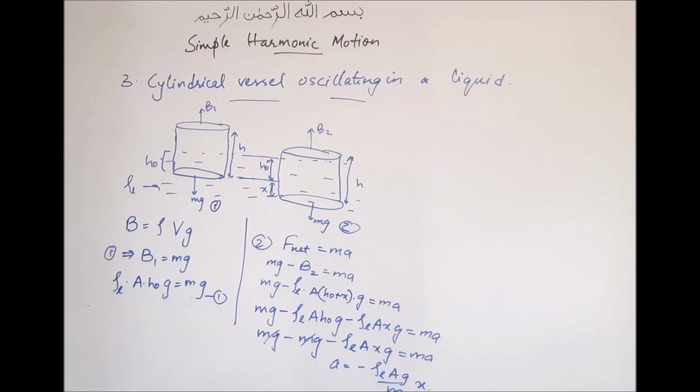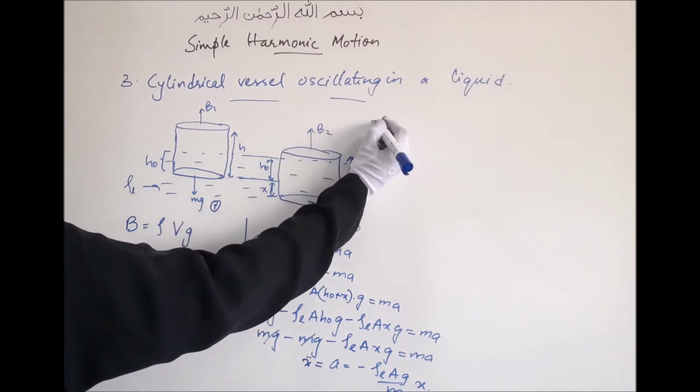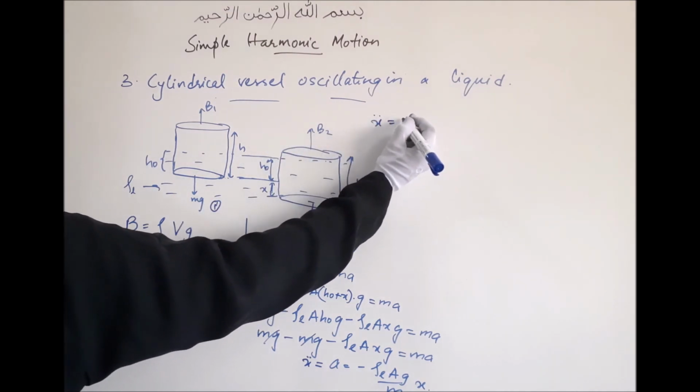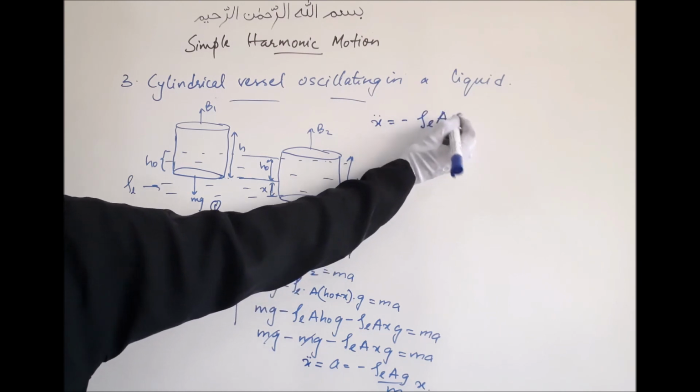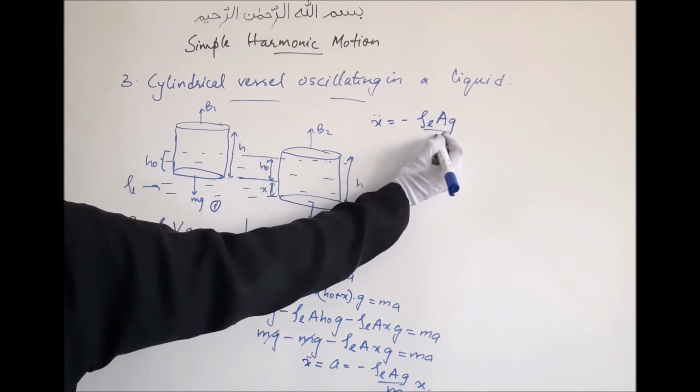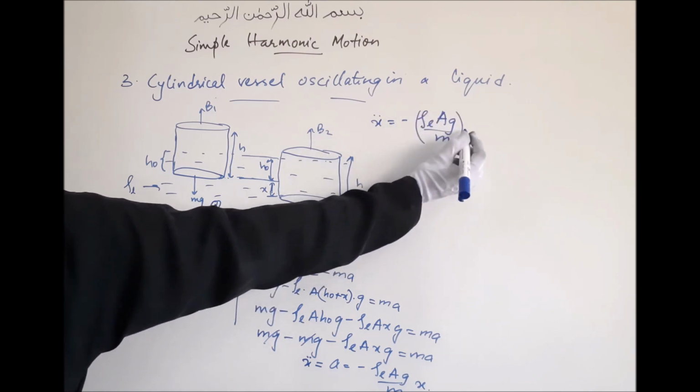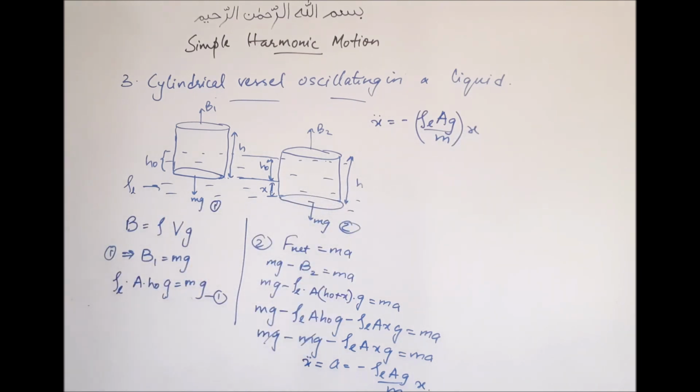This is again the equation of simple harmonic motion, where a we can write as x double dot. So x double dot is equal to minus rho L A g upon m into x. This is the equation of simple harmonic motion.